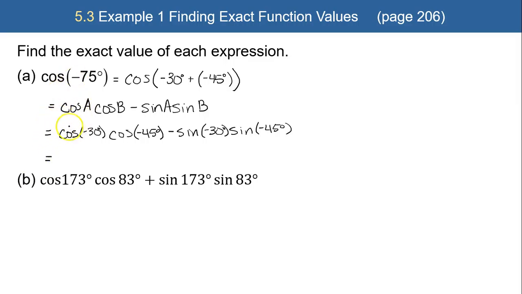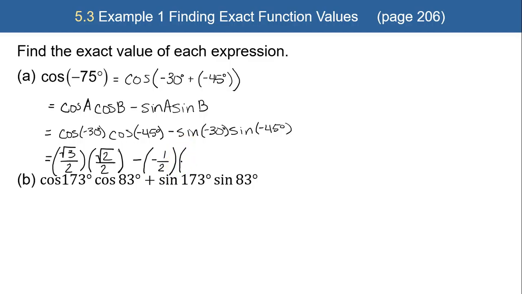So cosine of negative 30 is equal to cosine of positive 30, which is square root of 3 over 2. And then cosine of negative 45 is equal to cosine of 45, which is the square root of 2 over 2. Then minus this stuff over here, so sine of negative 30, which is equal to the negative sine of 30, so negative 1/2.